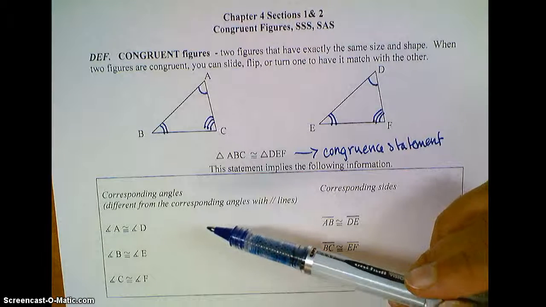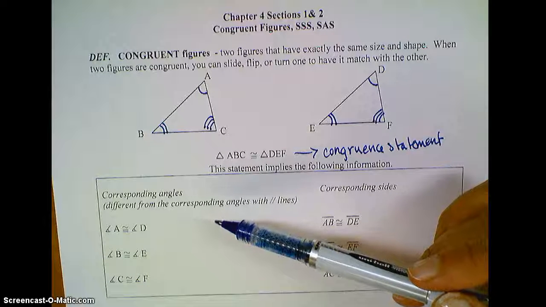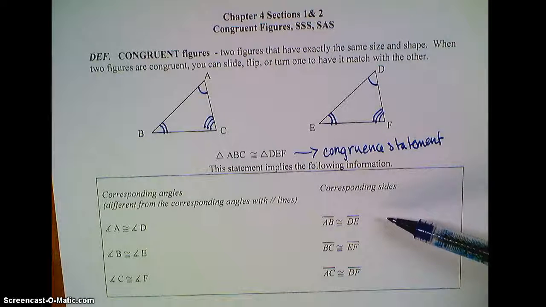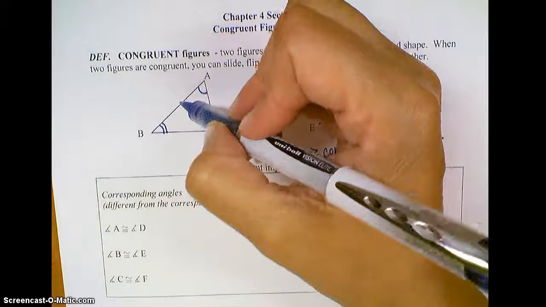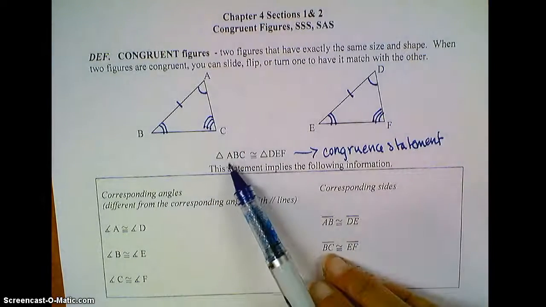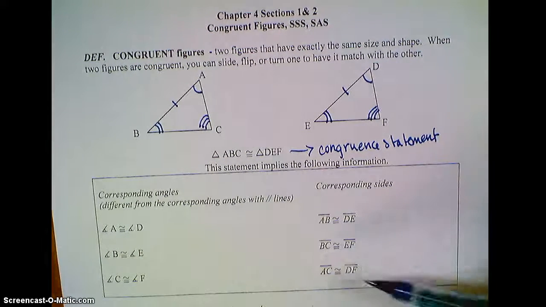Now, in addition to corresponding angles being congruent, in order for these triangles to be exactly the same size and shape, we also need the corresponding sides to be congruent. So, side AB is congruent to side DE. Notice the first 2 letters, the first 2 letters.